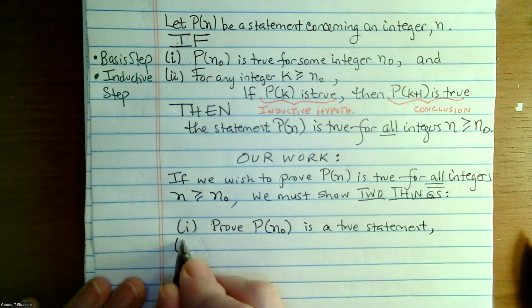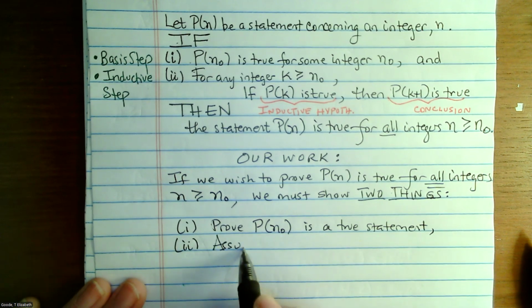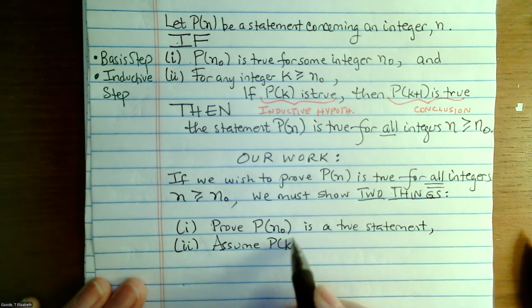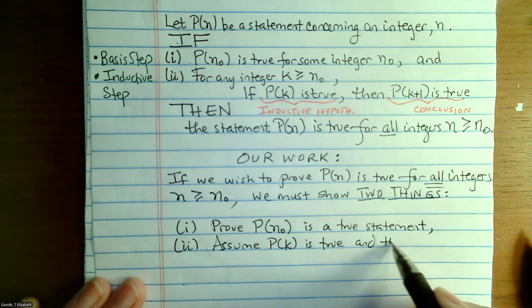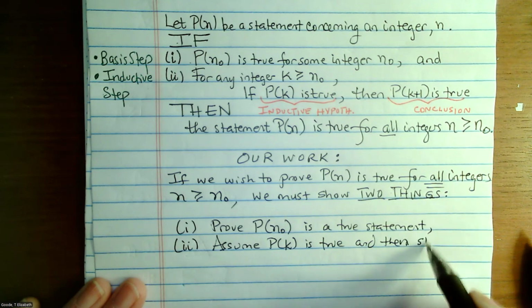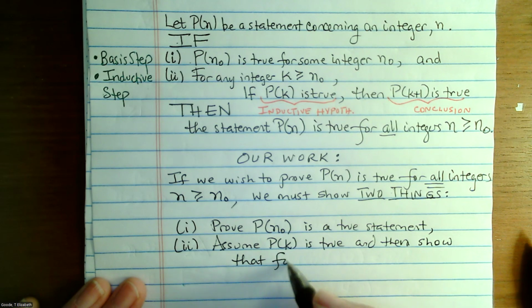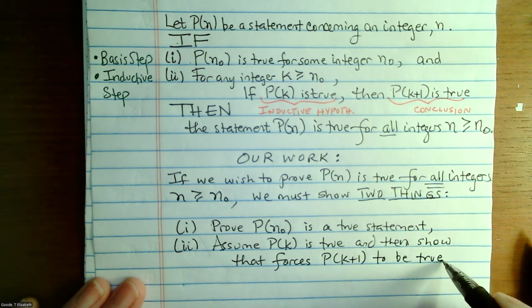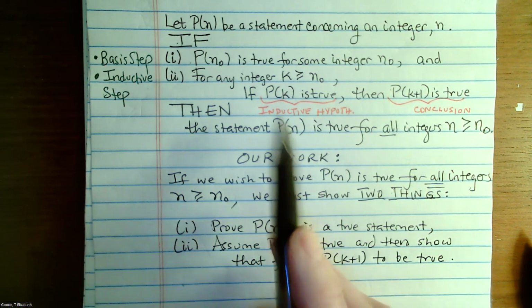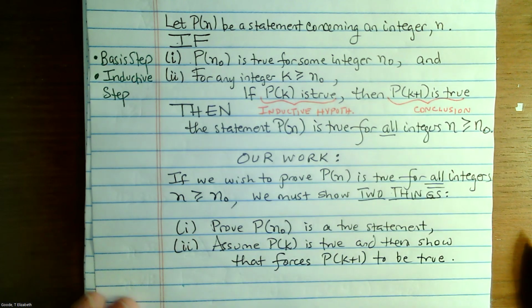And then two would be: we're going to assume P of k is true, and then show that forces P of k plus 1 to be true. So we're going to show that if P of k, then P of k plus 1 holds.